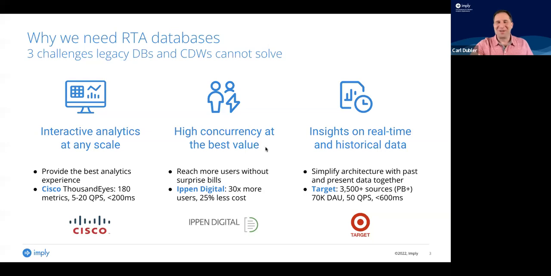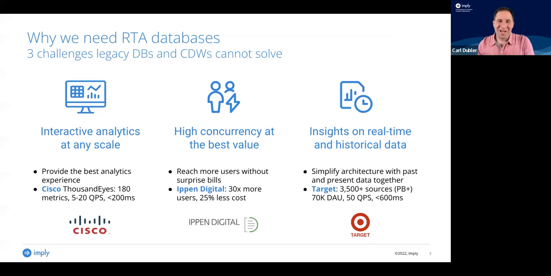So, why are we even talking about Druid versus ClickHouse to begin with? Well, it's because real-time analytics, or RTA, is not something that a legacy database or a cloud data warehouse can really solve. If they could, then you would all be using Oracle or Snowflake, and you wouldn't need to talk to us about Druid or ClickHouse.